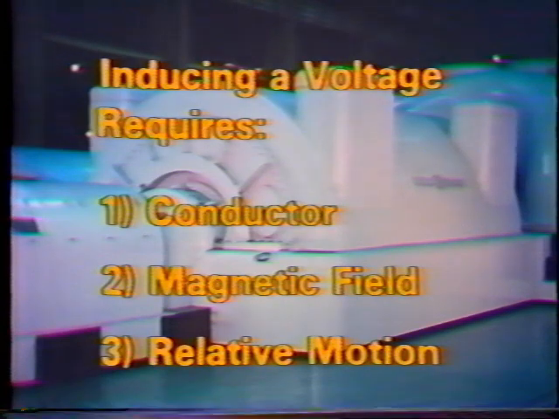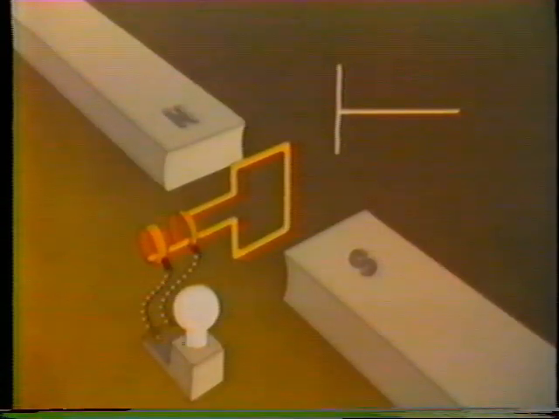There's a direct relationship between the amount of mechanical energy that goes into a generator and the amount of voltage that comes out. In fact, if you change any of the three things on our list, the conductor, the magnetic field, or the mechanical input, then the amount of voltage also changes. Now, here's the simple AC generator we saw in Unit 2.